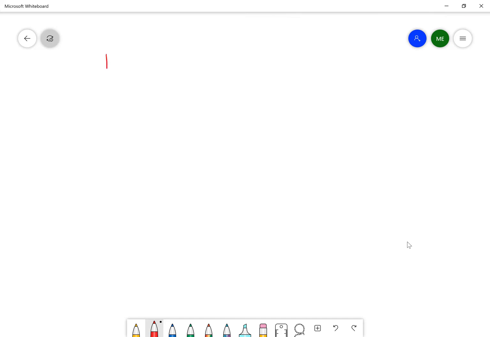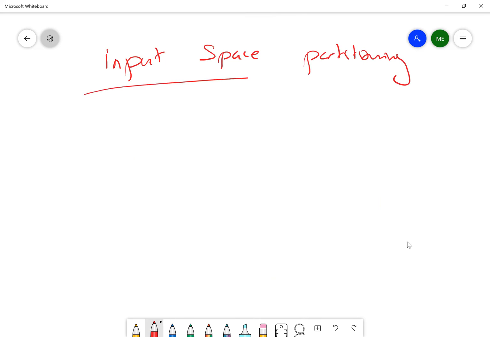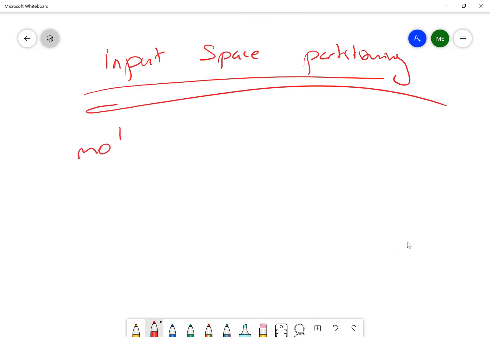We're gonna get to the point of input space partitioning. In other words, I'm gonna be modeling the input space. I need you to pay very, very close attention to this coming 5 minutes because this is where it really gets complicated.